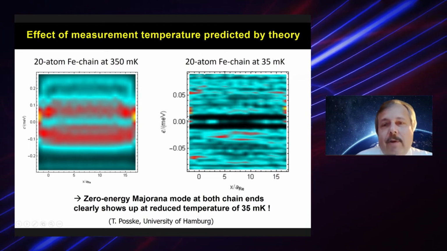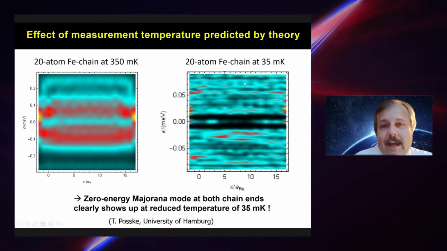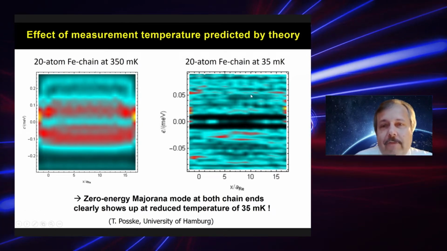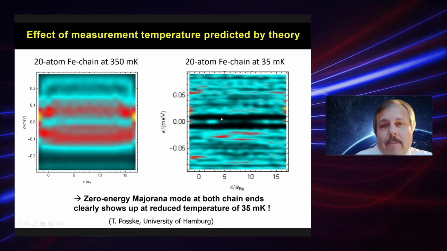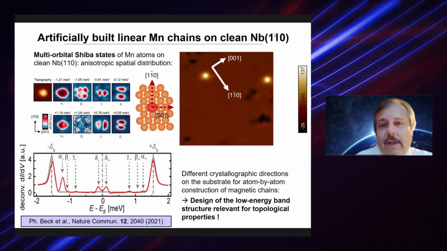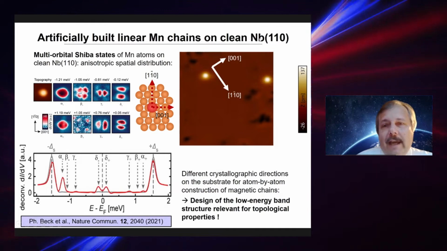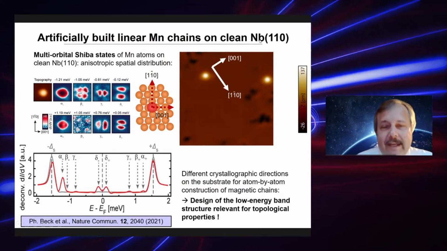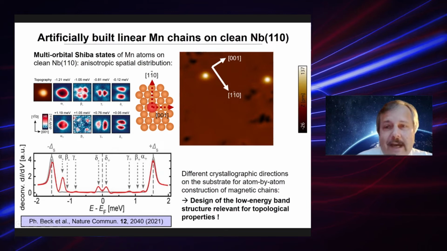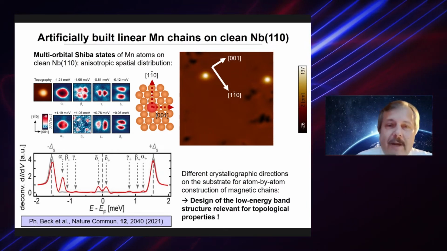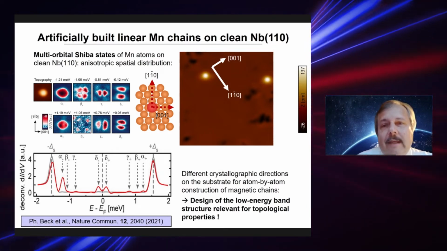And this is exactly what we did, because at that time we didn't have 35 millikelvin available. But let's just replace rhenium now by another elementary superconductor you all know. This is niobium, having the highest TC above 9 Kelvin. Now, the problem with niobium for a long time was that it was practically impossible to get an atomically clean surface.